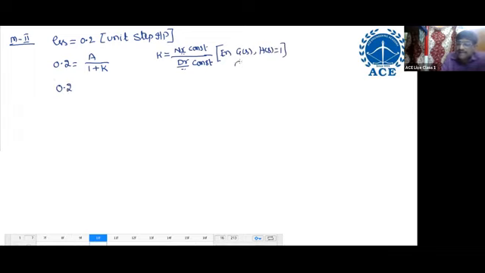What is G of S here? K by S tau plus 1. H of S is 1. So 0.2 equals, for a unit step input, 1 by 1 plus K. K means numerator constant by denominator constant, means K only.